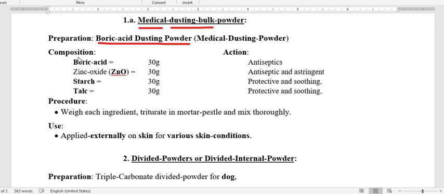So before going through the composition, if you recall the name of the preparation is boric acid powder, that means one main constituent should be boric acid.